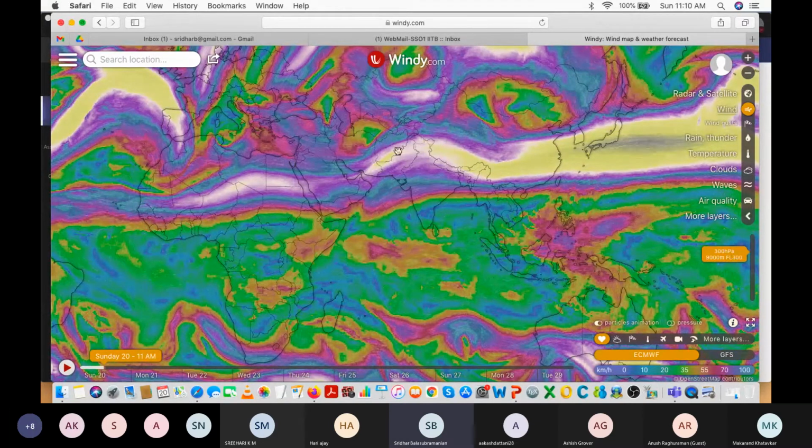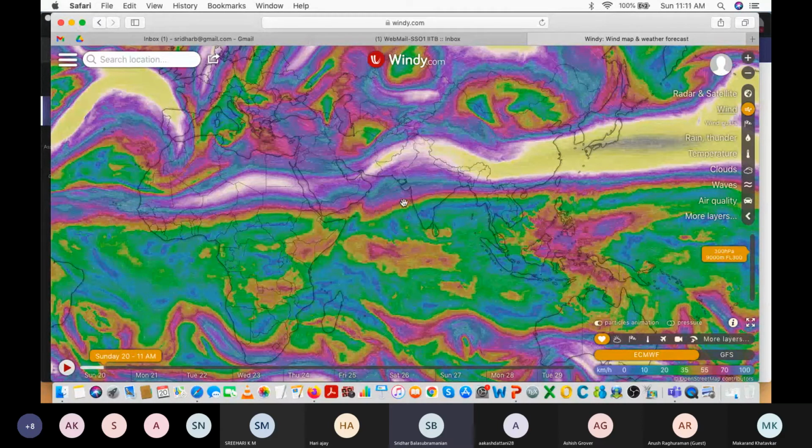So during winter, to give a forecast of winter weather, I usually look at where the jet stream has settled. Because even during winter, like I said, there is the trough and ridge kind of pattern. Right now there is a trough coming in, and that's why temperatures in North India are very cold, and in the central plains of central India, the temperatures are kind of normal, not above normal.